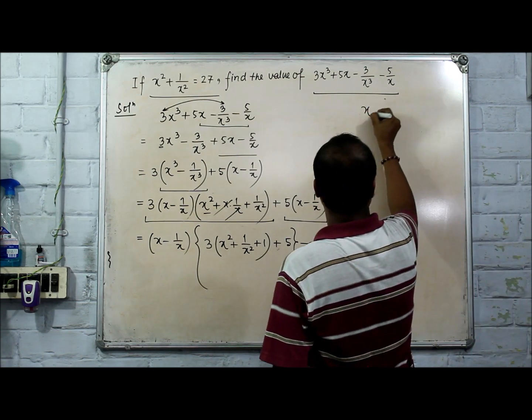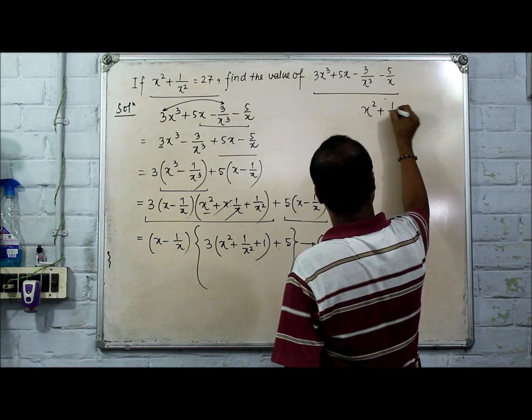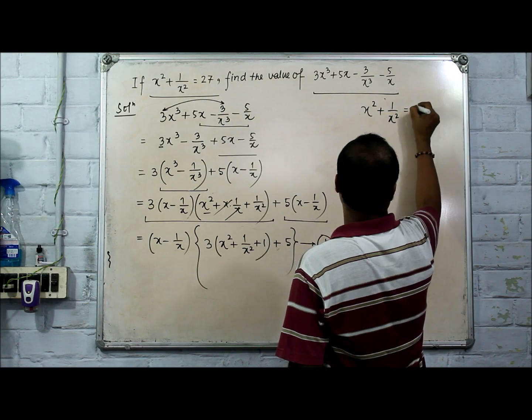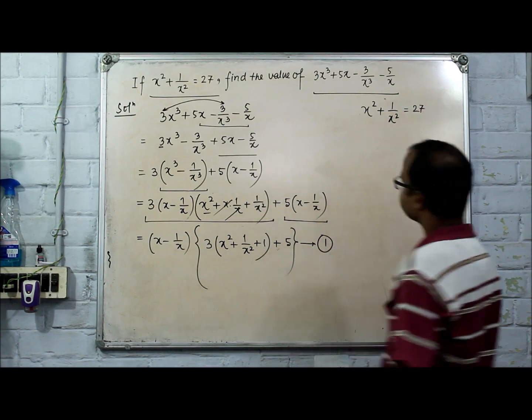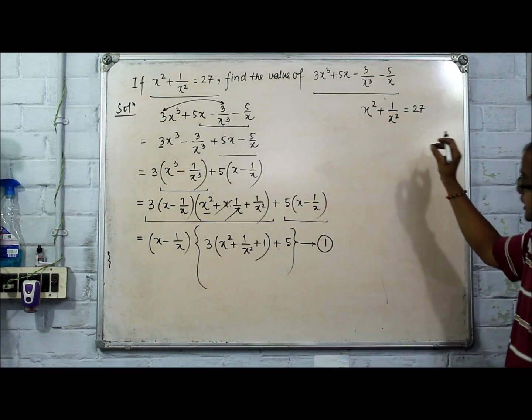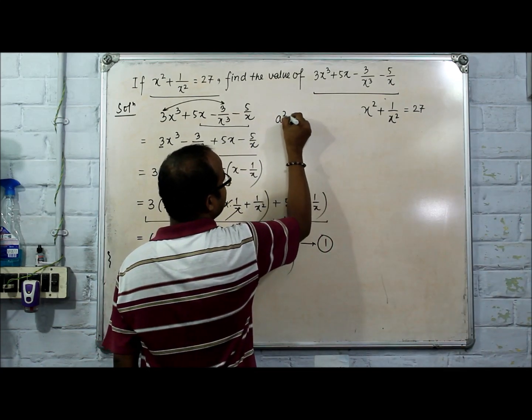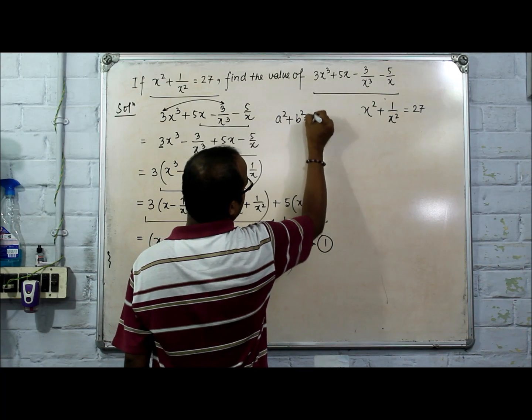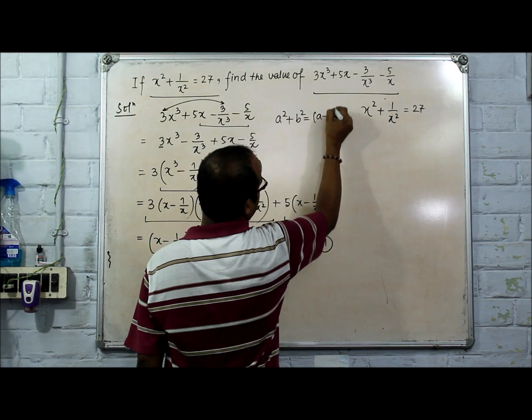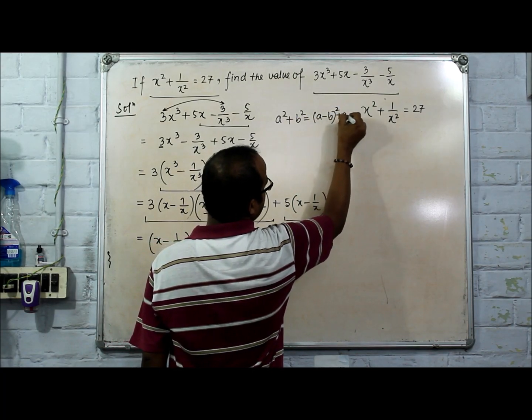Now x square plus 1 by x square is equal to 27. Here I am going to use the formula a square plus b square is equal to a minus b whole square plus 2ab.